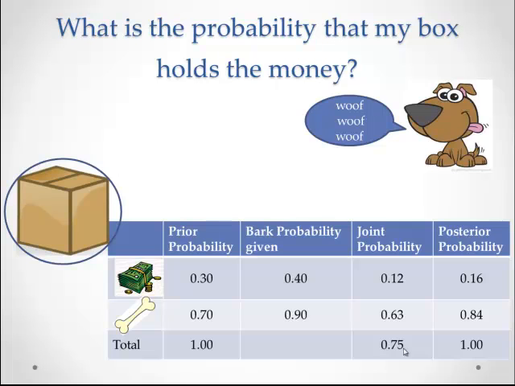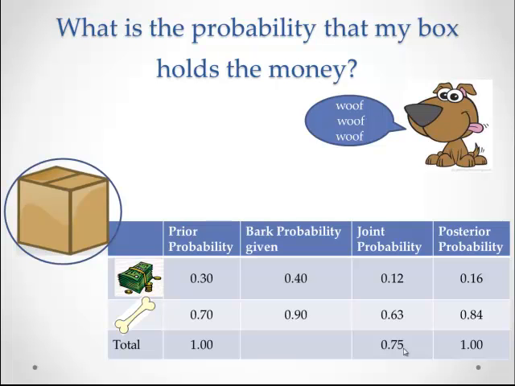Okay, hopefully you did the math right and you found these values: the posterior probability is 0.16. That means that after Roxy started barking, the probability that I have the money went down from 30% to 16%.